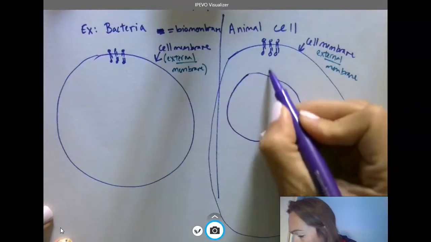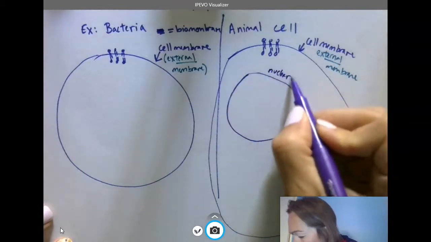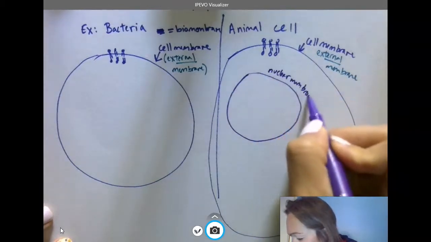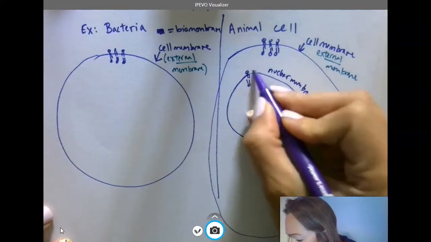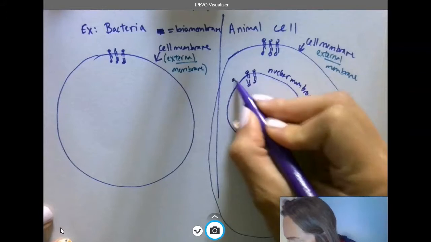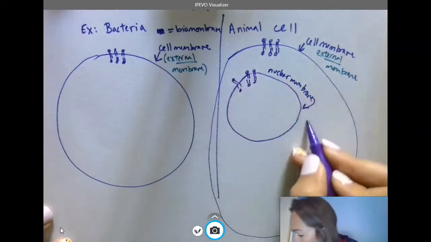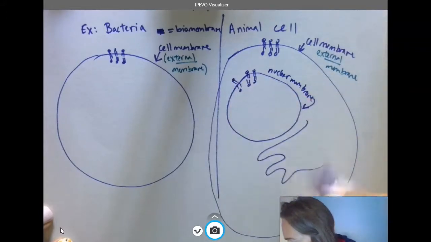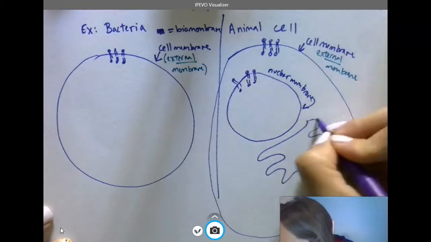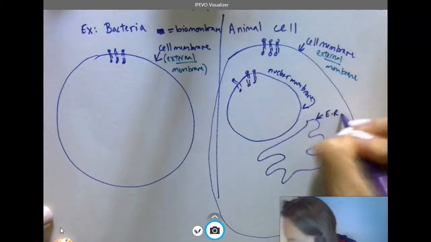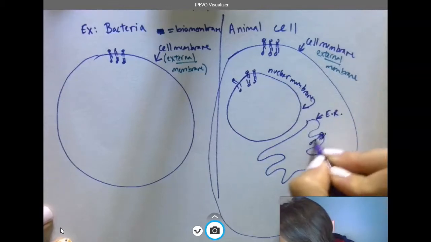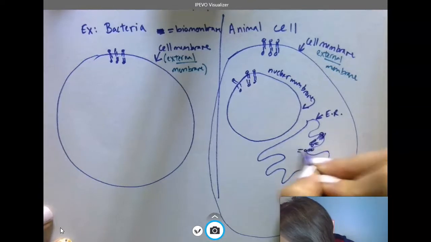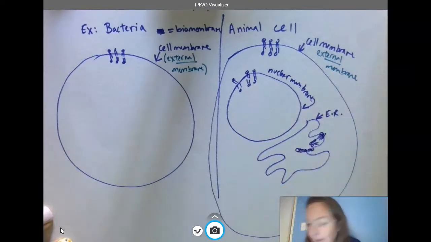So we have the nuclear membrane, which is also known as a biomembrane because it's also made up of phospholipids all the way around. You have our ER, our endoplasmic reticulum, which is also a biomembrane, made up of a phospholipid bilayer. Okay?